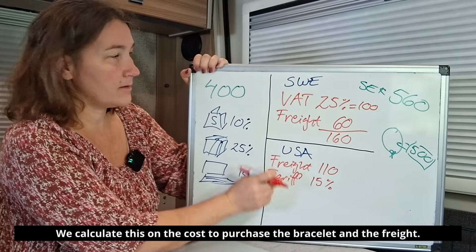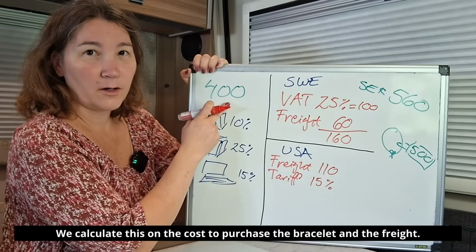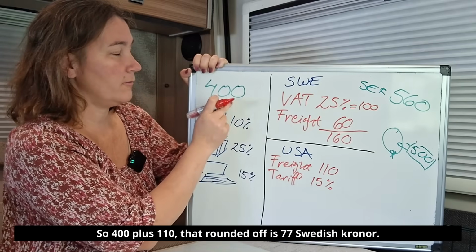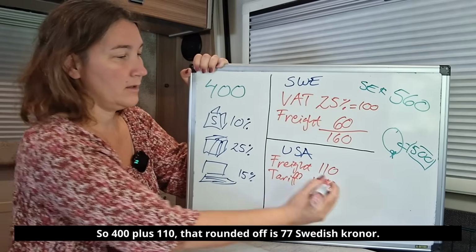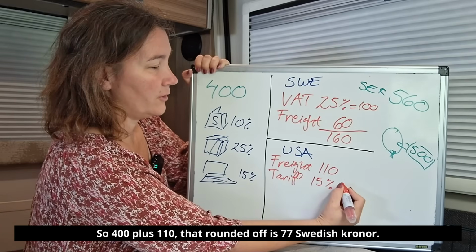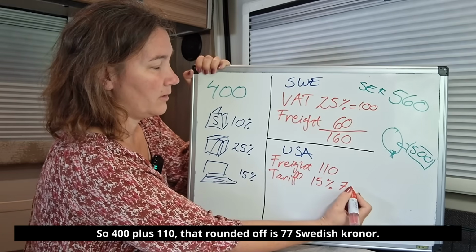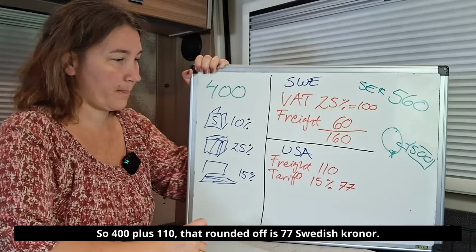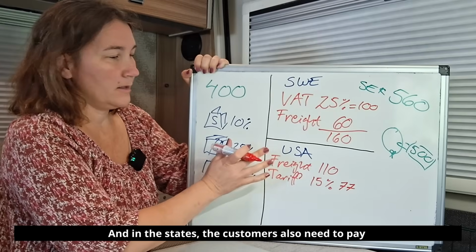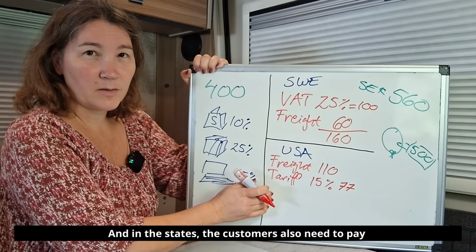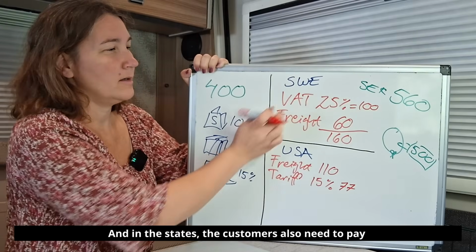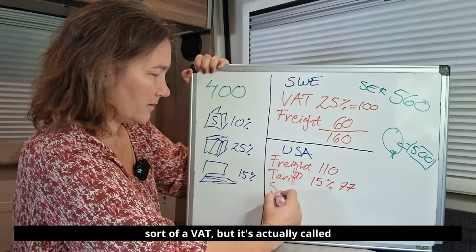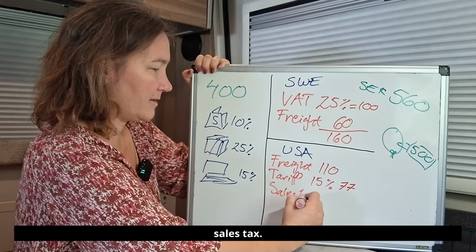We calculate this on the cost to purchase the bracelet and the freight. So 400 plus 110, that, I round it off to 77 Swedish kronor. And in the States, the customers also need to pay sort of a VAT, but it's actually called sales tax.